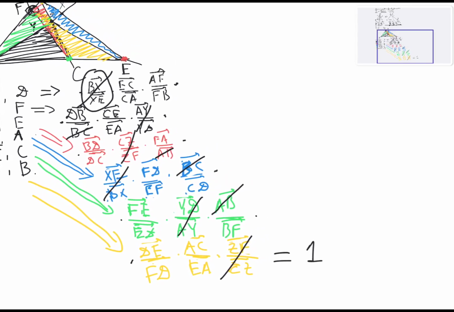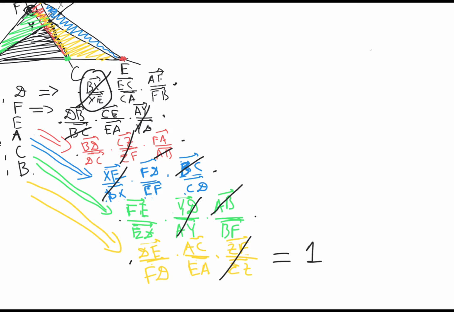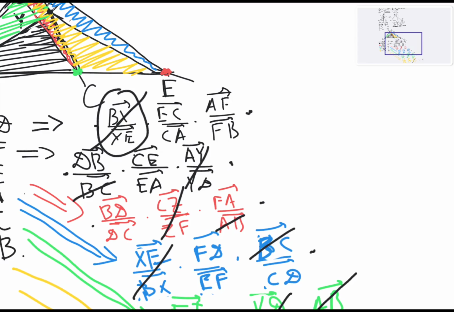Okay, we have now CA and AC, so to cancel this, we need to invert, okay.